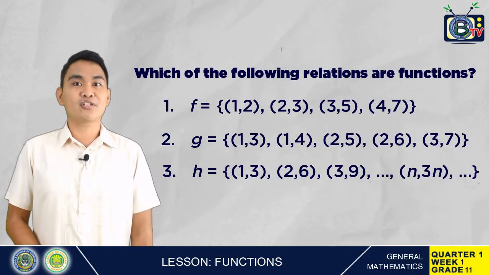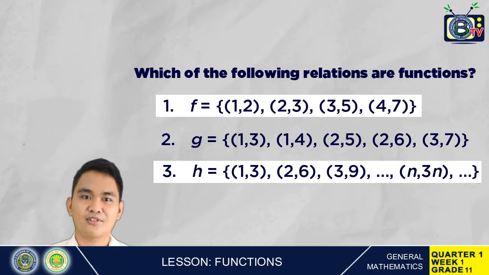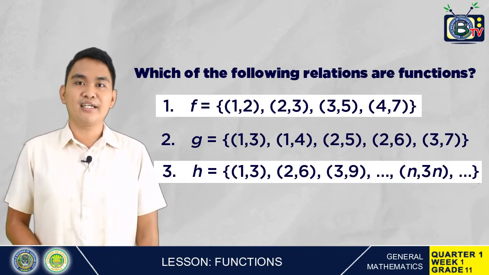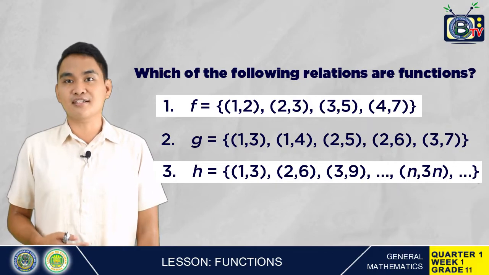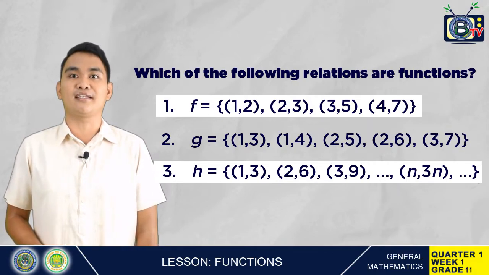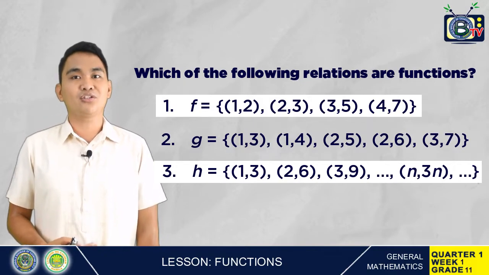The relations which are functions are numbers 1 and 3. On the other hand, number 2 is merely a relation because there are some values in x which are duplicated or triplicated. For instance, we have 1, 1 and 2, 2.